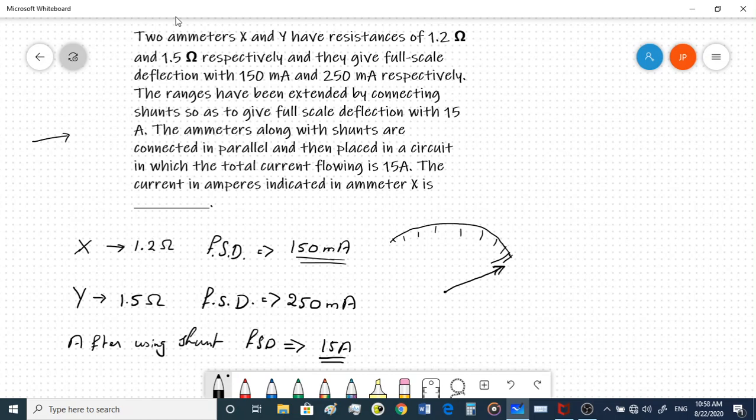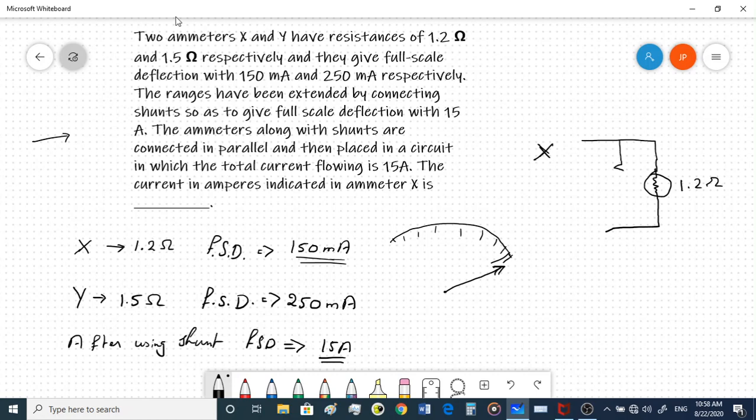So if we can visualize these resistances, let's say this is the meter X, which has an internal resistance. The internal resistance is given by 1.2 ohms.